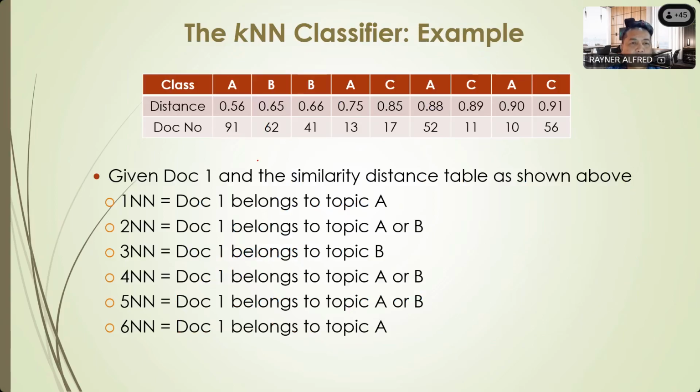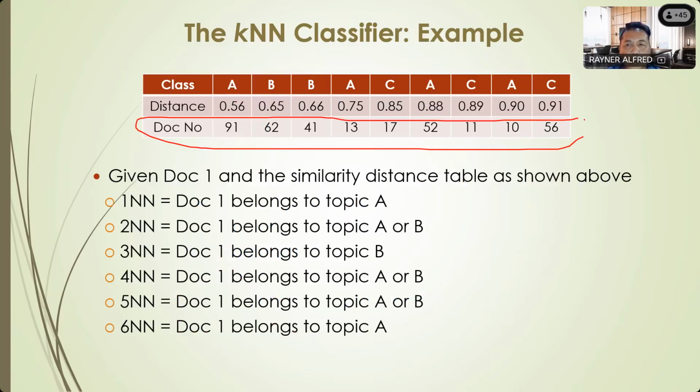Okay, so this is the simple assignment here. For instance, we have a new document, and we compute the distance between the new document with respect to the other documents. So we have all the documents here with the distance, and this is the label that we have. Depending on the K that we choose, we have 1, 2, 3, 4, 5, 6, or even 10.